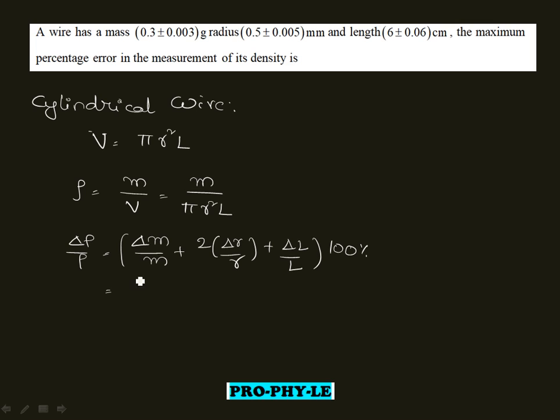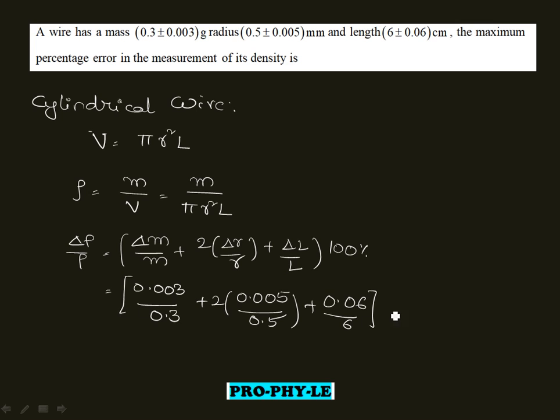So delta m by m will be 0.003 by 0.3 plus 2 into 0.005 by 0.5 plus 0.06 by 6, into 100%.